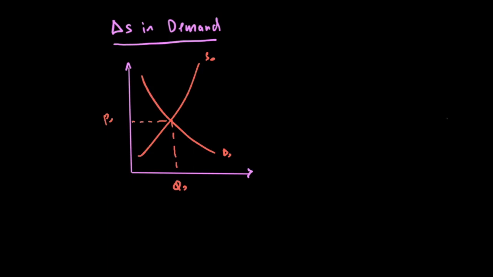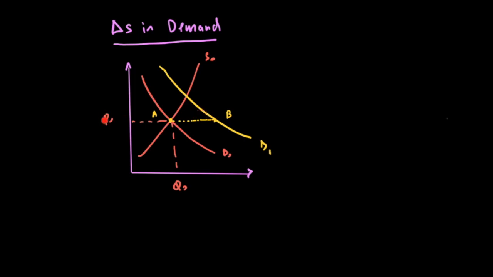The demand will rise. When the demand rises for the good, you can see that at the older price P naught, you have a quantity demanded at point B. So we were at equilibrium at point A, and the demand rises for any reason.